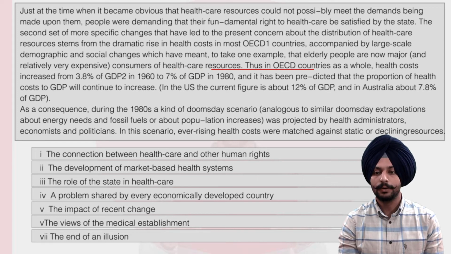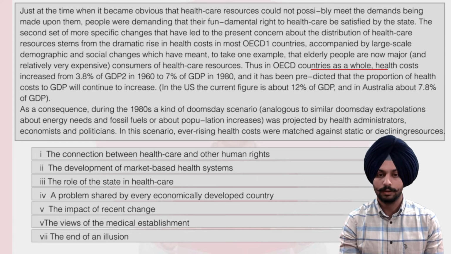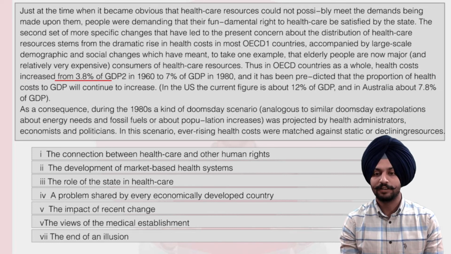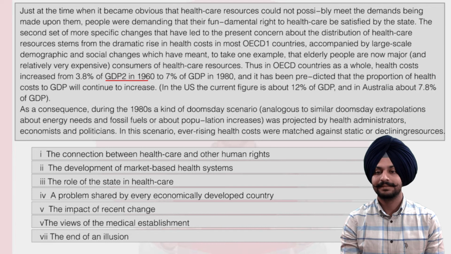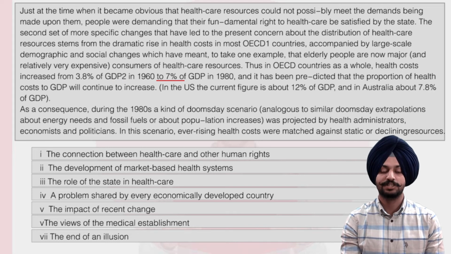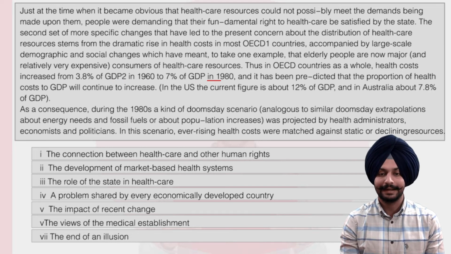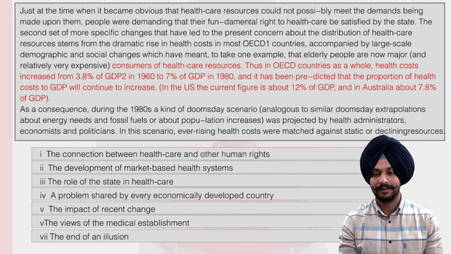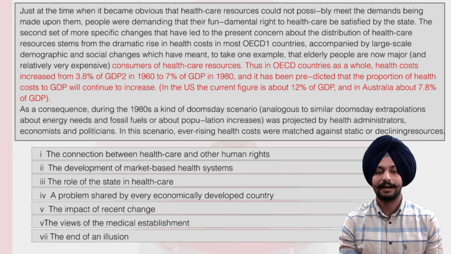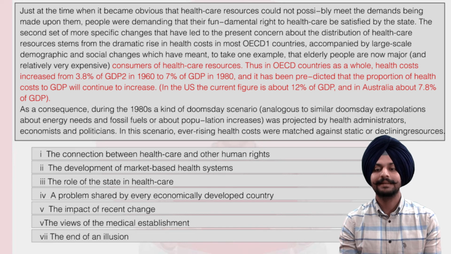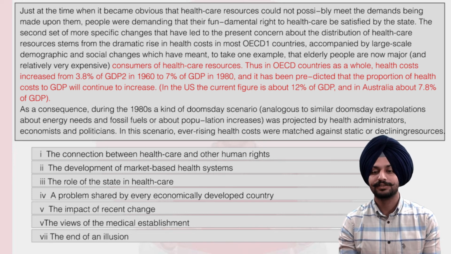Thus, in OECD countries as a whole, health cost increased from 3.8% of GDP in 1960 to 7% of GDP in 1980. So now these OECD countries are spending more. After the changes, their health expenditure increased from 3.8 to 7%.